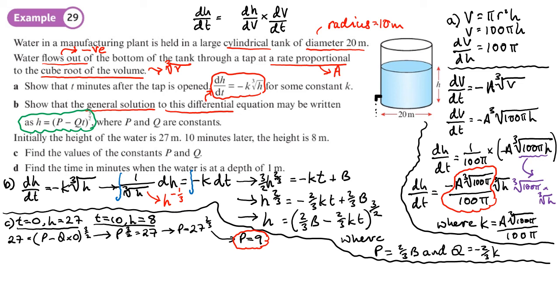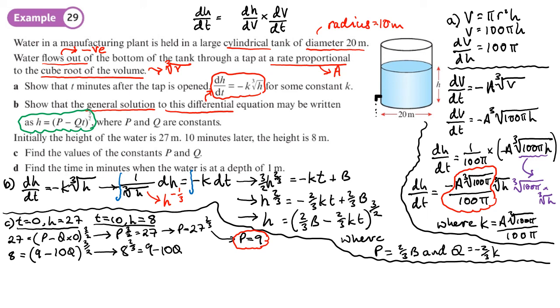So when the height is 8, we will have P, which is 9, minus Q times T, so that's 10Q, to the power of 3 over 2. Okay, so we're now going to raise both sides to the power 2 over 3. So 9 minus 10Q.